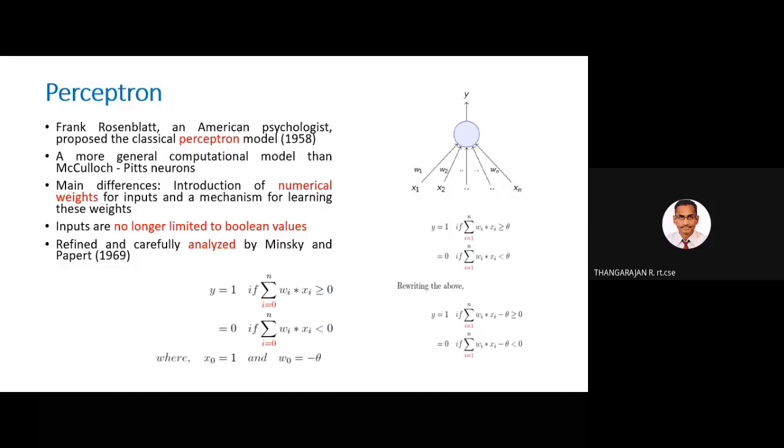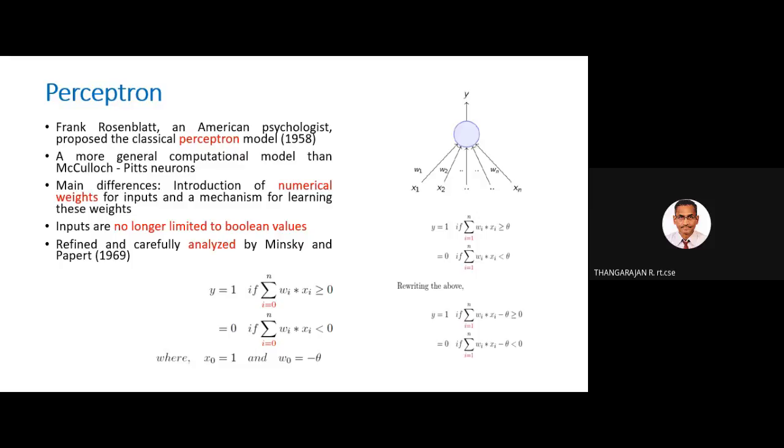Here we also have a summing unit that sums the inputs, but it doesn't just sum the inputs, it sums the weighted inputs. So it sums w1 x1 plus w2 x2 plus w3 x3, and so on up to wn xn.